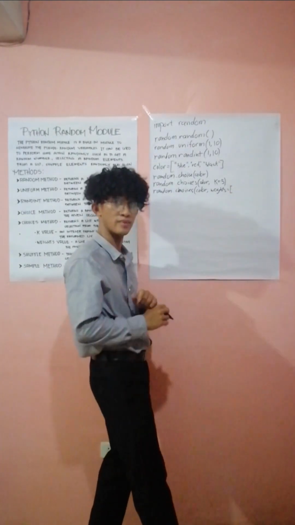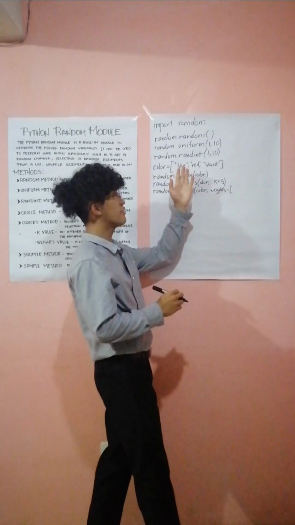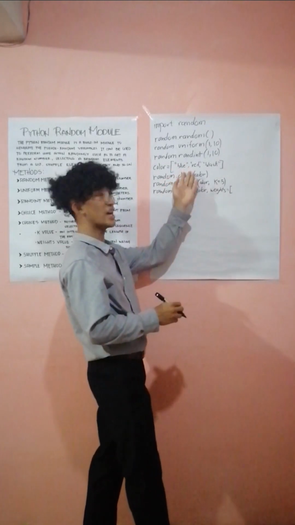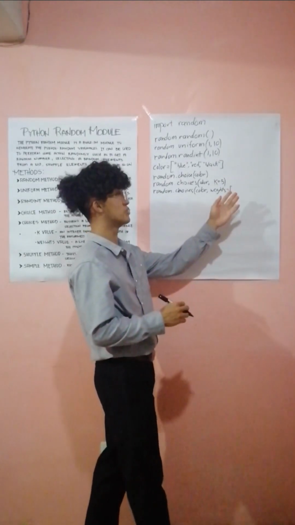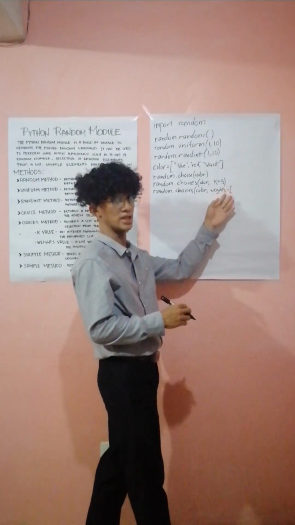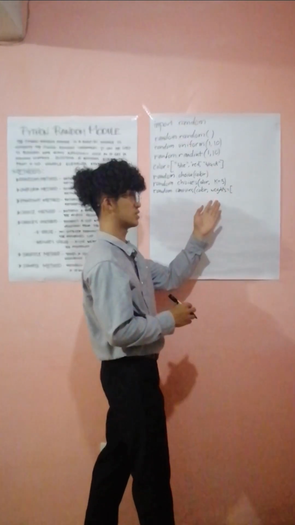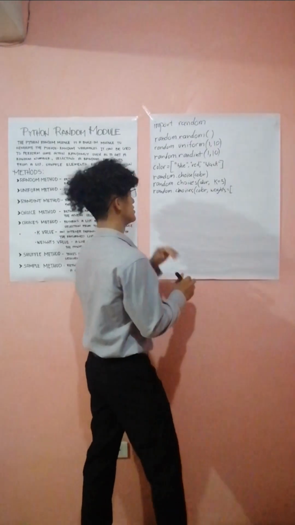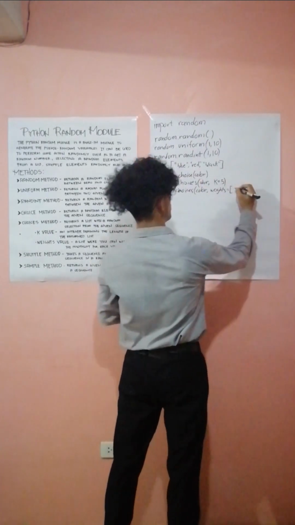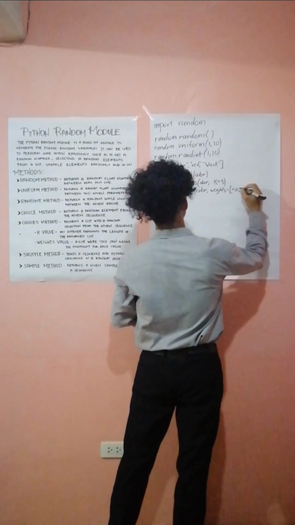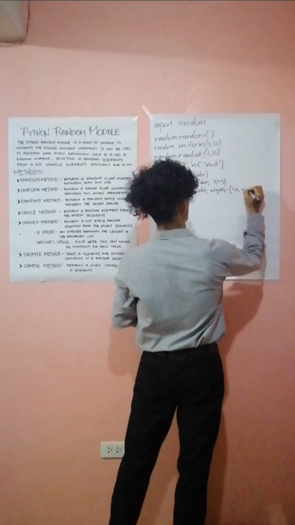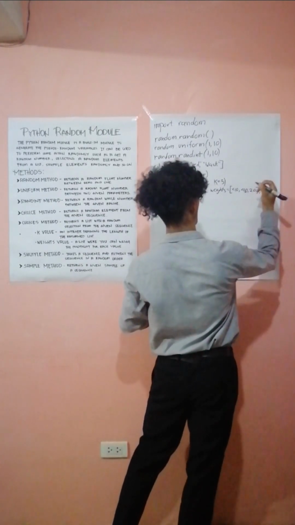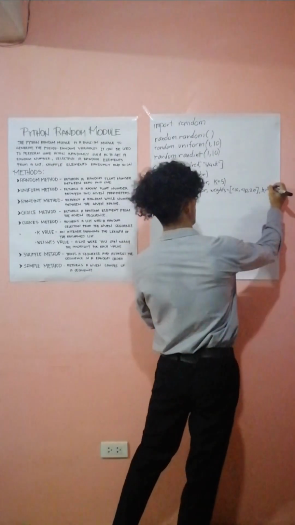It is important to remember that the number of elements must also be the number of weights. So if there are three elements in your list, you should also declare three weights in your code. So all the elements should have a weight of their own. So for example, I want to weight the blue 40, the red 40, and the black 20. And don't forget the k for how many times you're going to call the list.